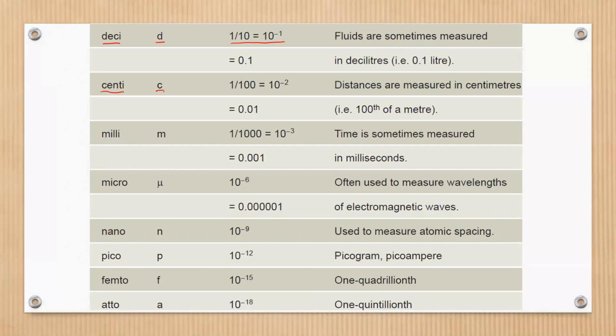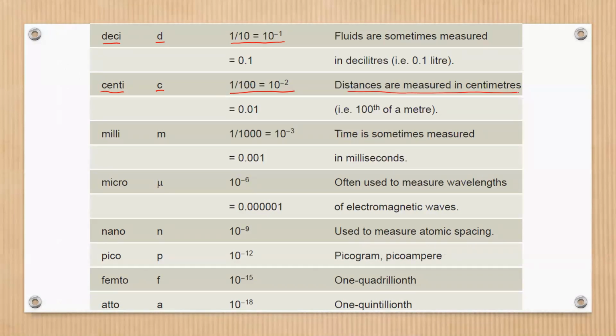Centi, c, in fraction 1/100, because centi means the 100th part of something, like a centimeter means the 100th part of a meter. So distances are measured in centimeters.